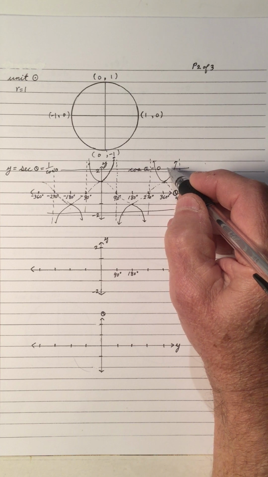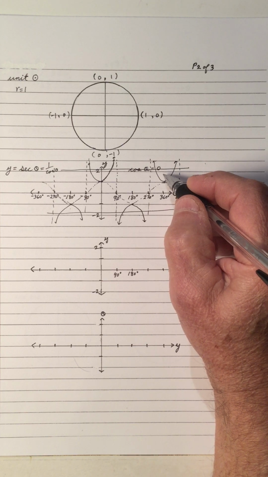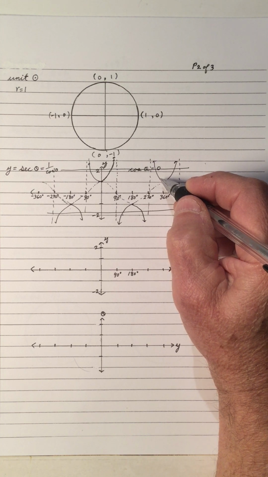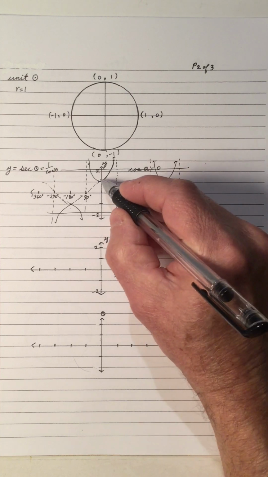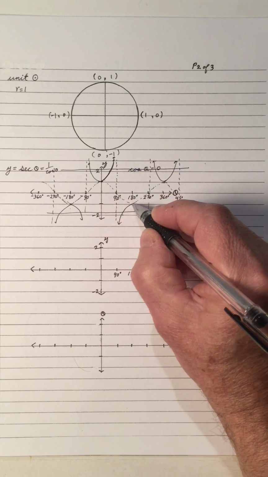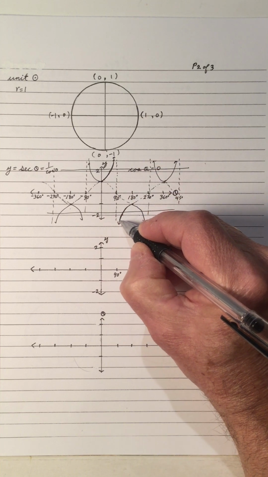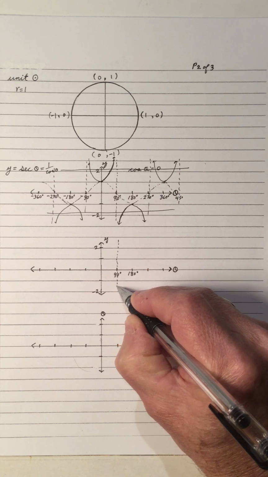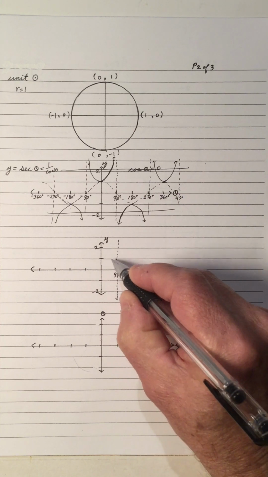So therefore, we have to restrict it. And where do they restrict it? Well, they restrict it in the same area as the cos graph. So that means they restrict it here and here. So this is the restriction in order for its inverse to be a function.